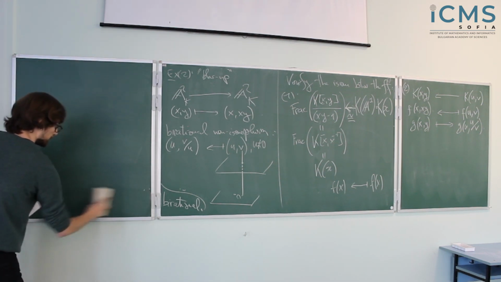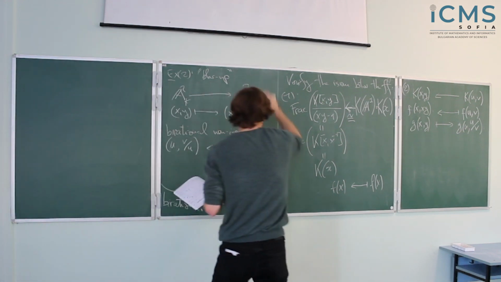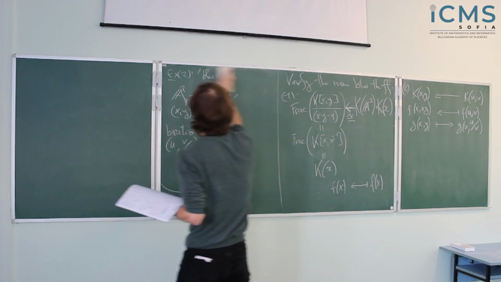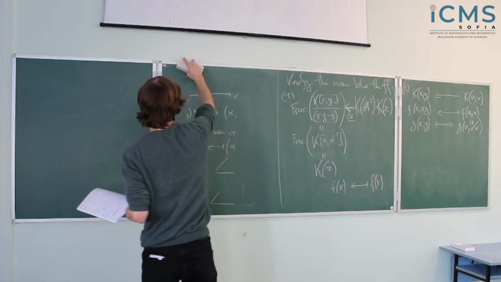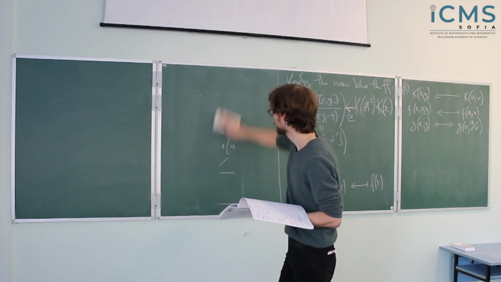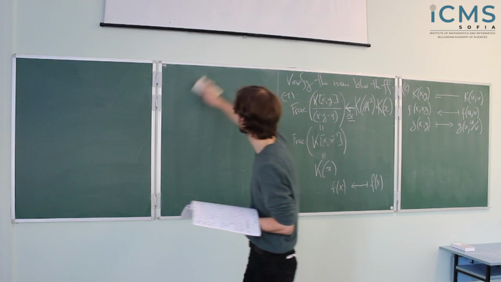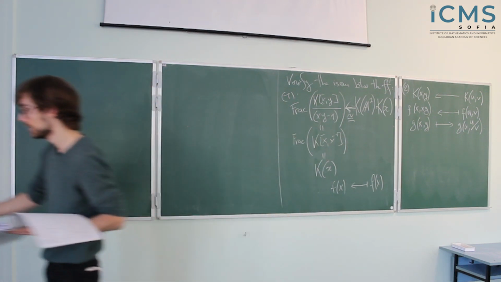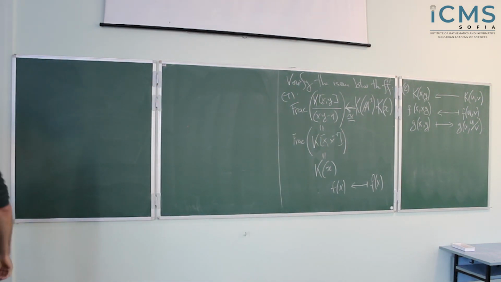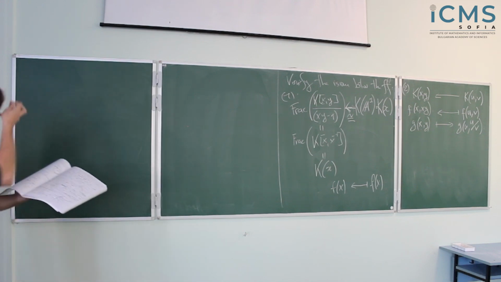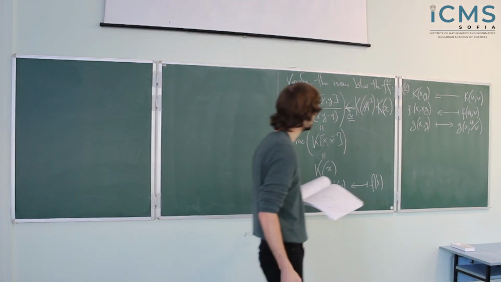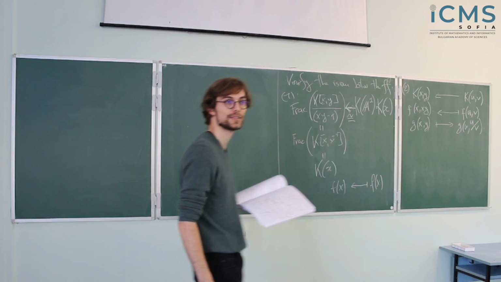Okay, so this allows me to go into the last stop before we go deeper into the realm of singularities. So our last pit stop for algebraic geometry will be projective space.